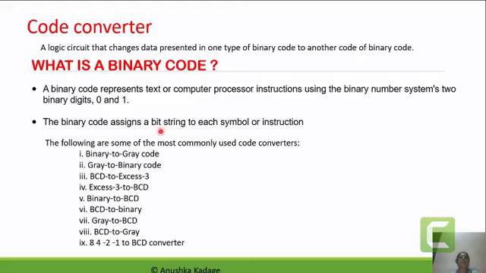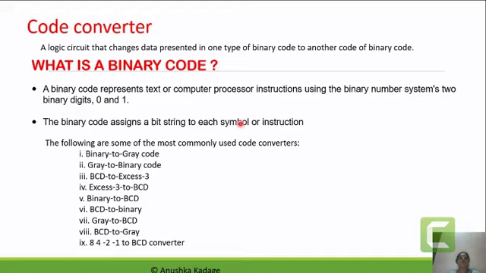The binary code will assign a bit string to each symbol or instruction, and as it is going to code an instruction or a symbol, for every instruction or every symbol, a separate binary code will be assigned.